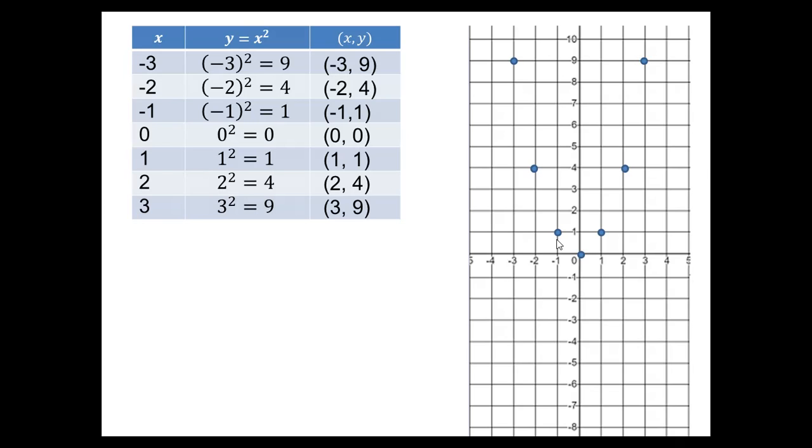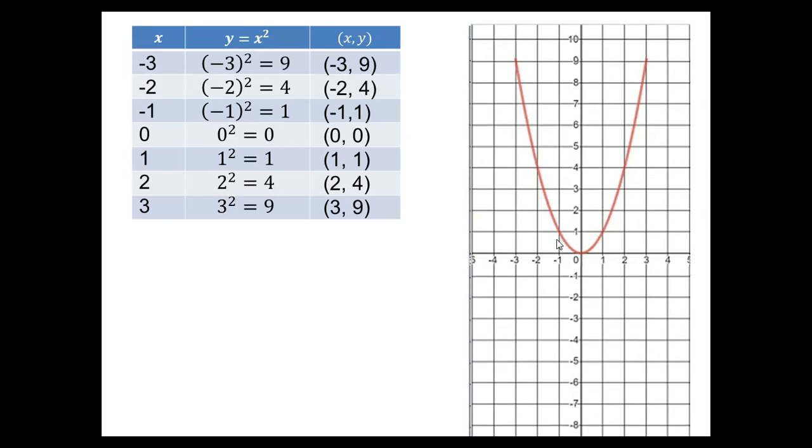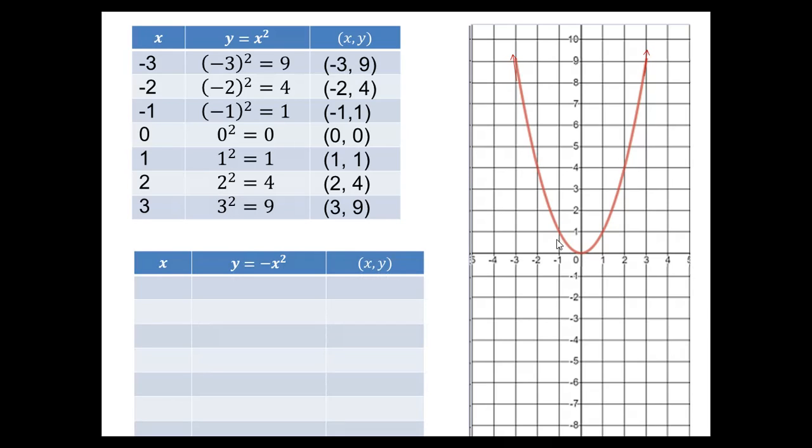When we connect all the dots with a curved line, we get a parabola. And we're going to put arrows at the end of the parabola to show that the parabola continues, even though I'm not drawing it.